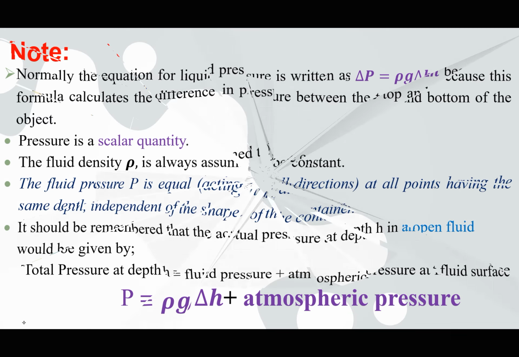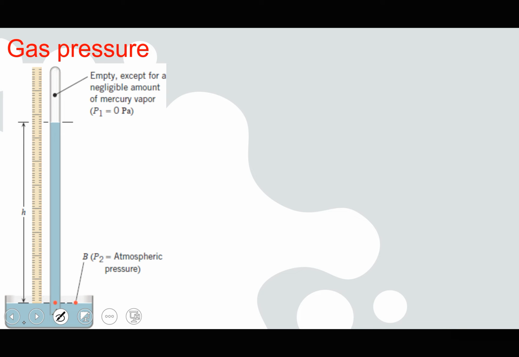Let's also talk about gas pressure. In IGCSE, you talked about a barometer, a device that you use to measure gas pressure. And your teacher must have told you that experiments show that every time mercury was poured into such a barometer and the vertical height was measured, it was always approximately 76 centimeters of mercury.